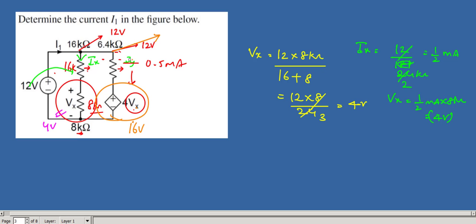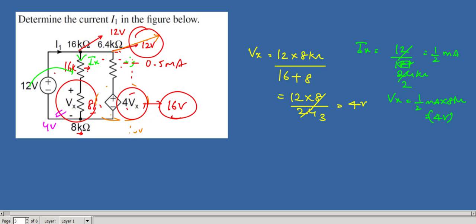you can see here, in this branch, this is 16 volts, 4 into 4 is 16 volts. Here you have 12 volts. Okay, 16 minus 12 is 4 by 6.4 kilo ohms.